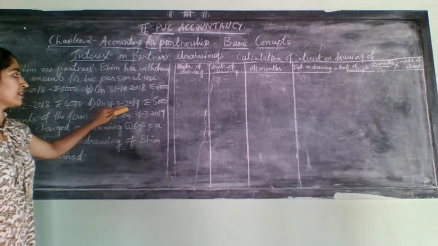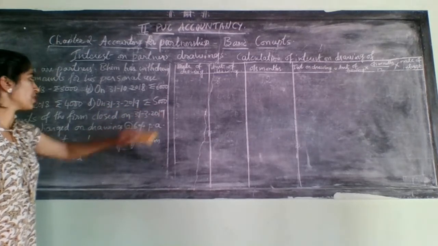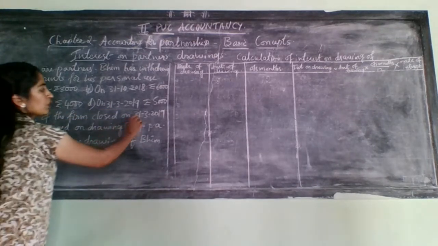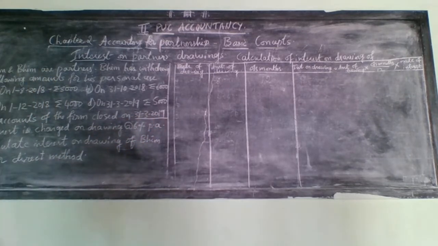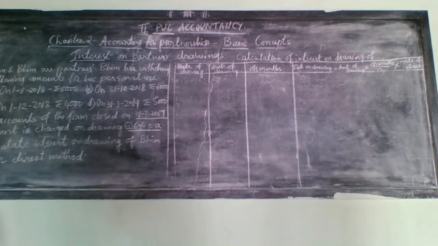On 31st/3/2019, rupees 5,000. The accounts of the firm closed on 31st/3/2019. Interest is charged on drawing at 6% per annum. Calculate interest on drawing of Beam under direct method.